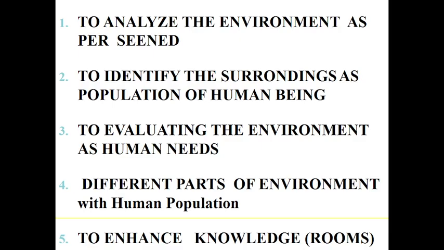Human population is directly proportionate to the environment, all around us. Looking at it another way, there is the biosphere, the total organisms, plants and animals. Then we have the atmosphere surrounding us.